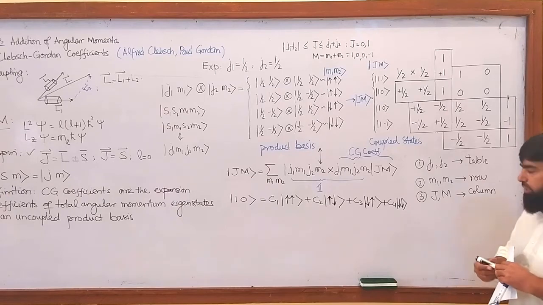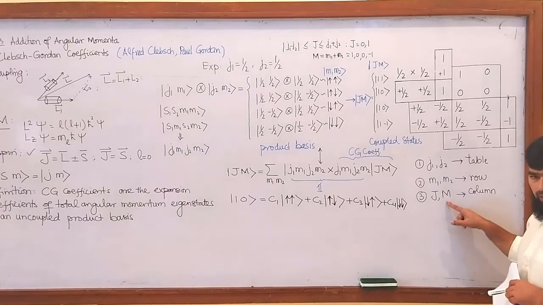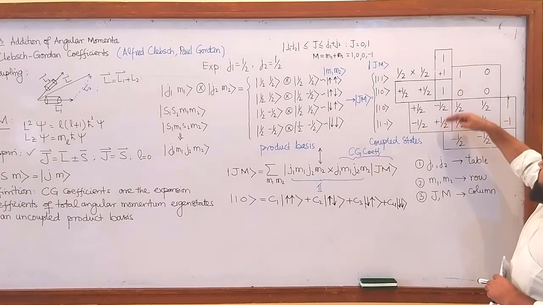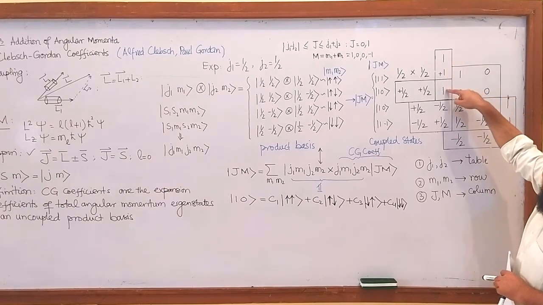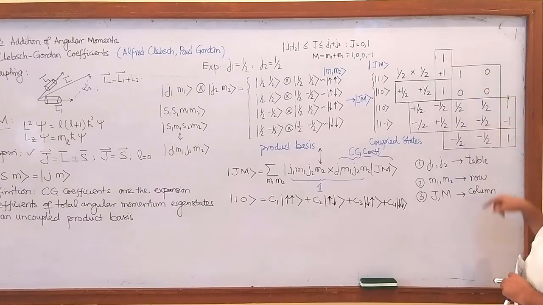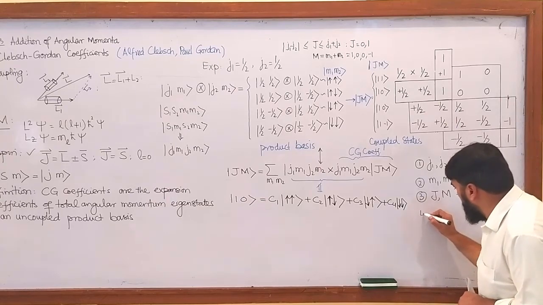Like these are columns: the 1, 1 column, then the 1, 0 column, the 0, 0 column, and so on. Clear?